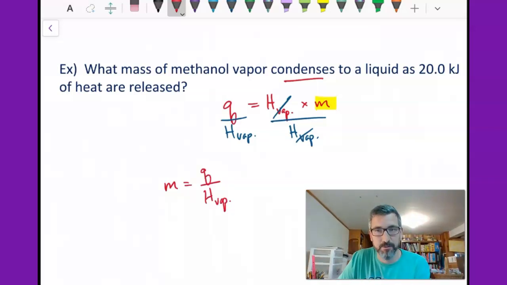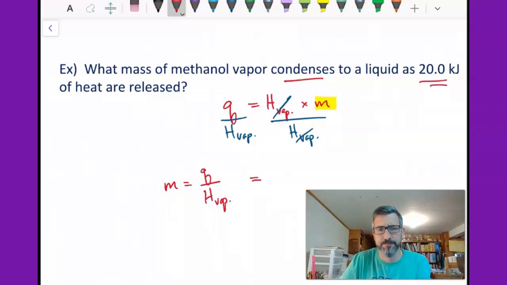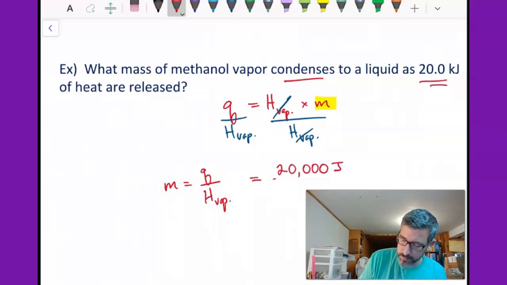And so now we need to do two more things. Our kilojoules have to be converted to joules. So if you remember, what does the prefix kilo mean? Right, so it's 1,000. So instead of 20 kilojoules, we're going to convert that to joules by multiplying by 1,000. So we have 20,000 joules.